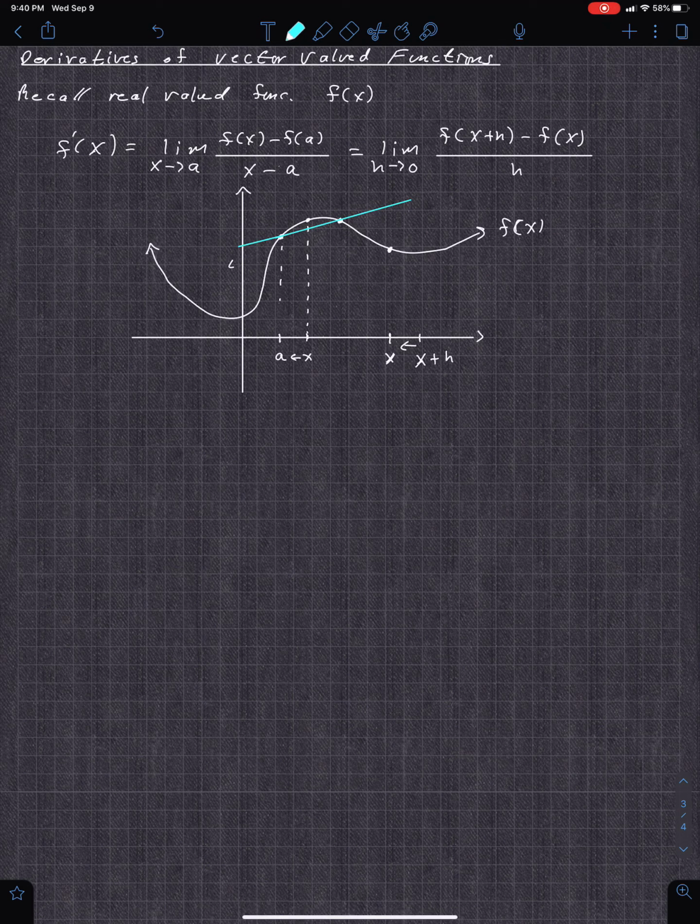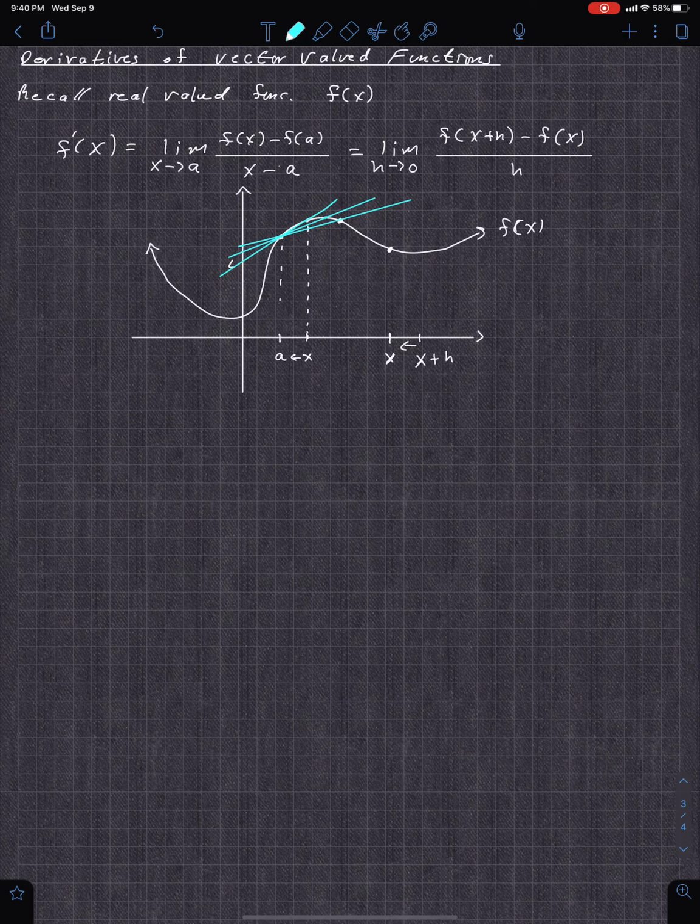As you start approaching different values like this, you're getting these different lines. And then as you get closer and closer and closer, you end up getting that tangent line, right? So it's tangent to the curve right there. So it ends up being the slope of that tangent line. So f prime is the slope of the tangent line, right?